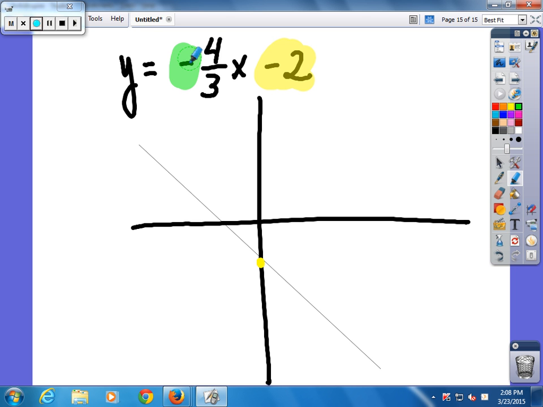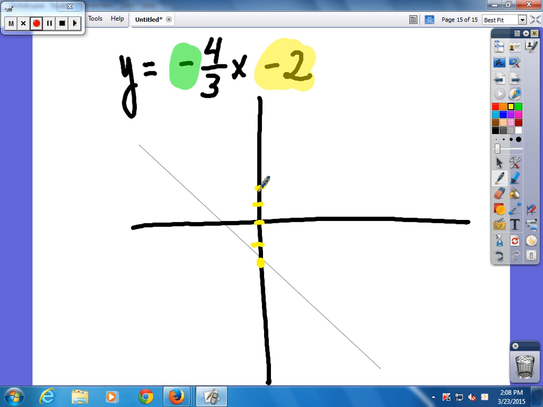That's that right there, left to right down, and then 4/3. So let's say I want to go up, because most people think you got to go down because it's a negative. That's not right. You go up 4: 1, 2, 3, 4. Where's my trace line? Is it over here or is it over here? It's over there.